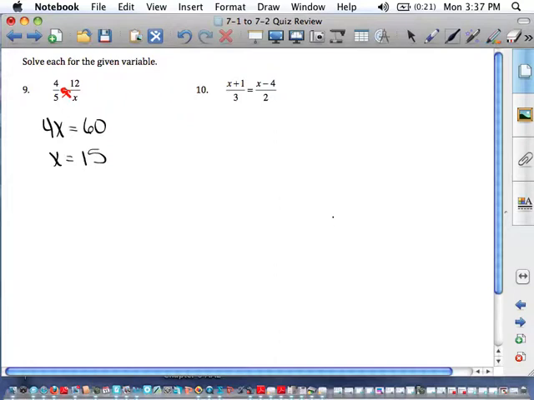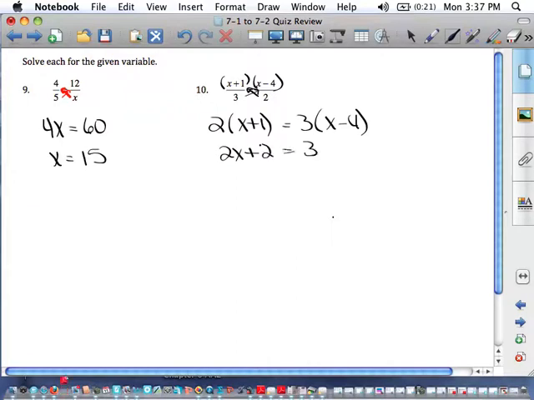On the next one, when you cross multiply, remember to add the parentheses so that you distribute that denominator across those two terms. So I have 2 times x plus 1 equals 3 times x minus 4. So I get 2x plus 2 equals 3x minus 12.